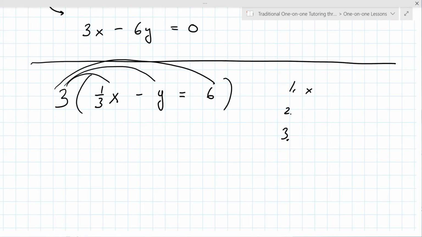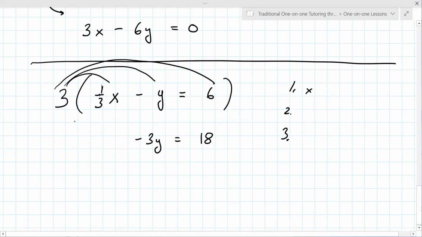Nine x, negative 3 equals 18. Okay, so this part of it was correct. It's not 9x. It's 1/3 times x.